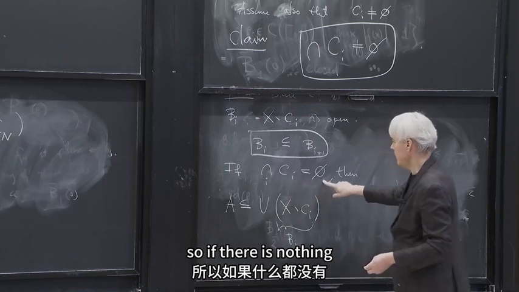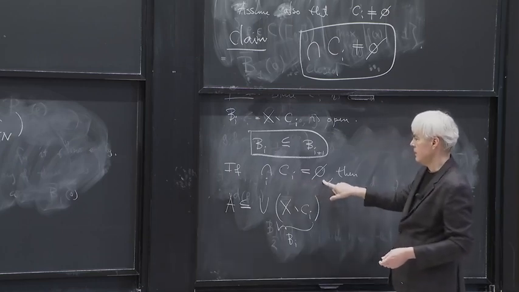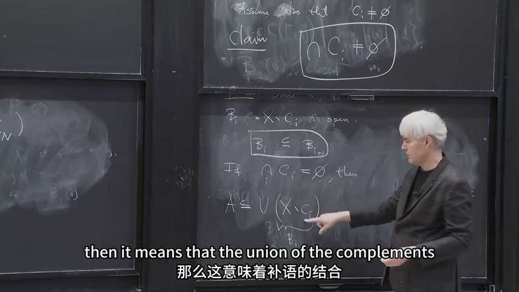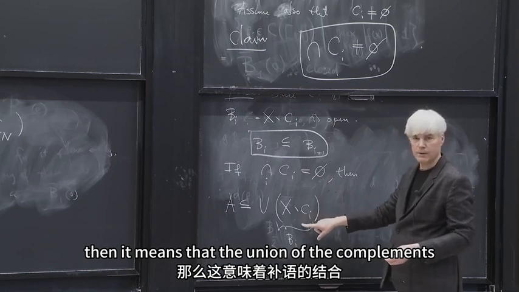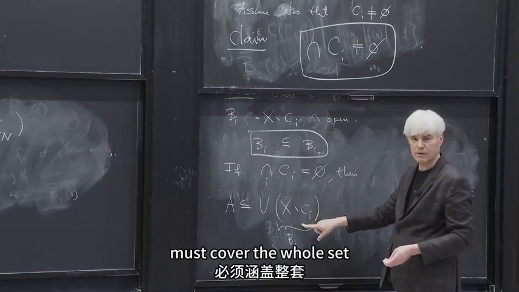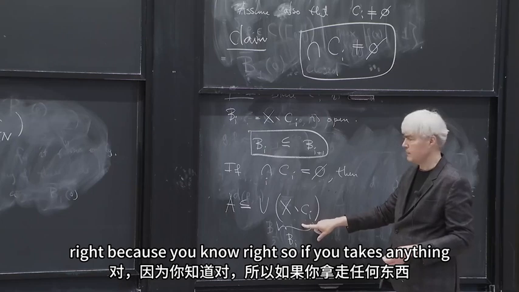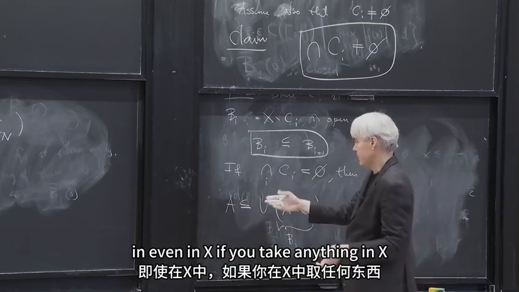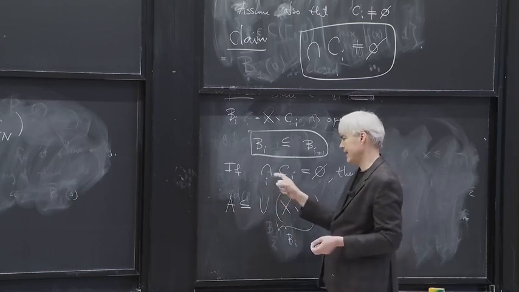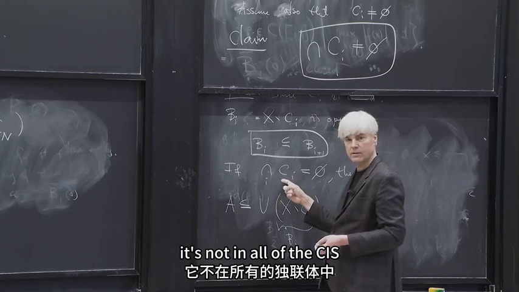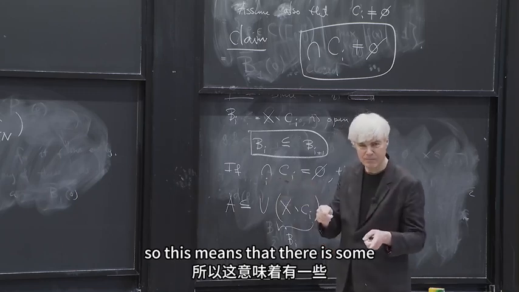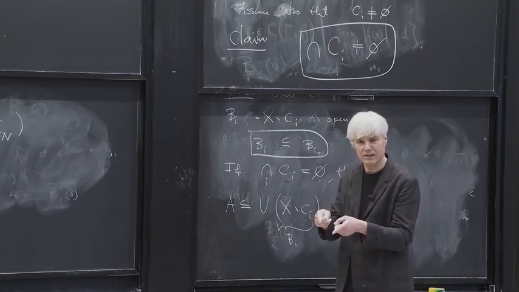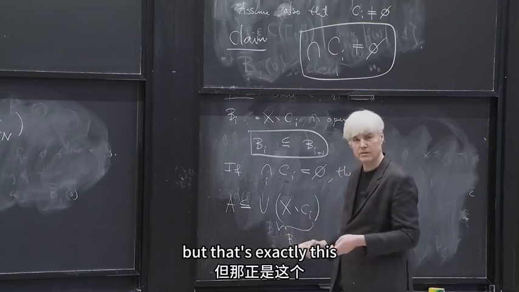If there is nothing in the intersection of all of the Ci's, then the union of the complements must cover the whole set. Because if you take anything in X, it's not in all of the Ci's. So there is some i so that it's in the complement of that Ci. But that's exactly this.